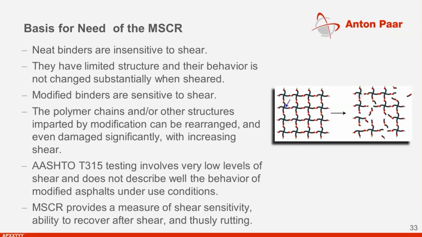This test gives us the possibility to check how much the inner structure is recovering after a certain amount of force applied. Based on this, an estimation of the rutting behavior can be made by measuring this binder. While AASHTO T315 is an oscillatory test, AASHTO T350, the MSCR test, is a rotational test. But again, both can be used with the same device.